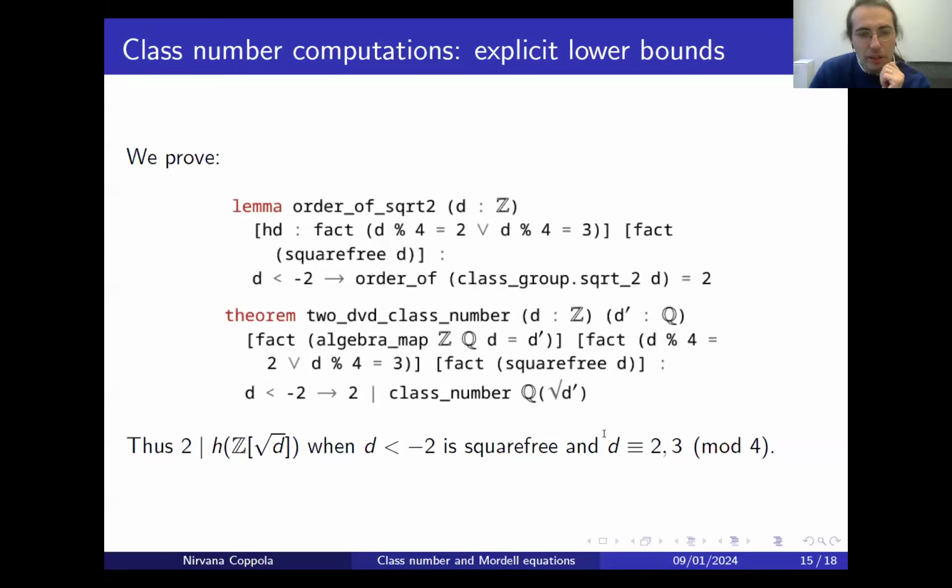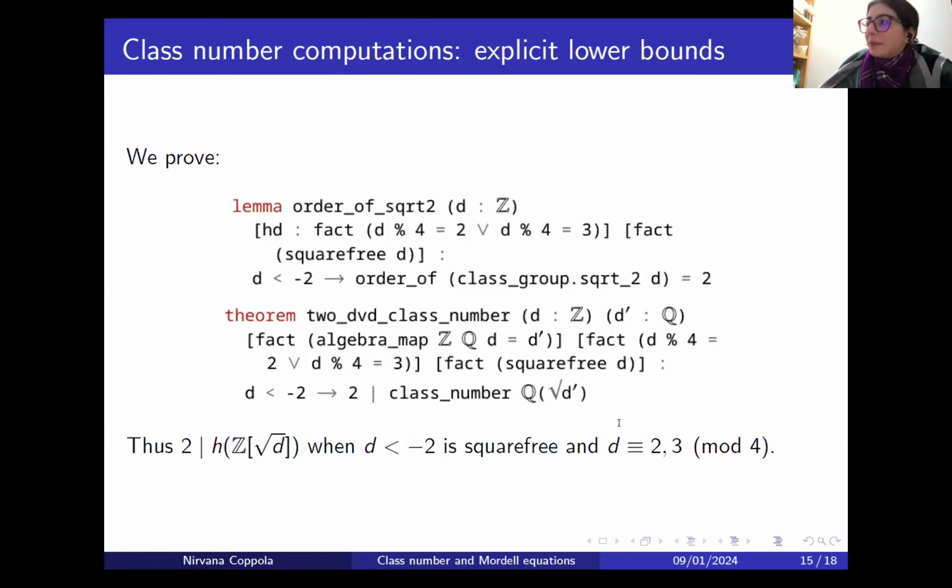But at least in the final statement, I guess you could restate it using only the D and Z. You mean without using D prime? Yes. The intermediate lemma is probably useful, but when you state the final theorem, I don't see what would be the difficulty in stating the thing.